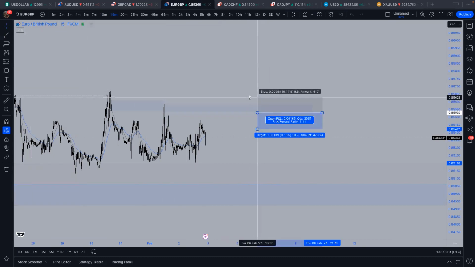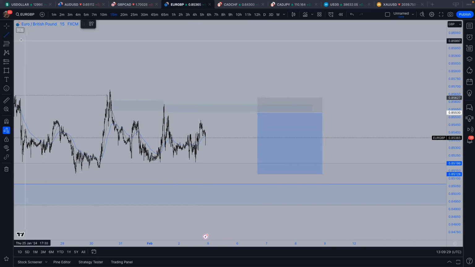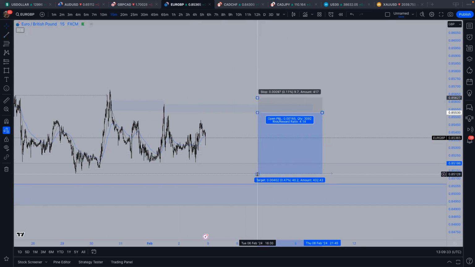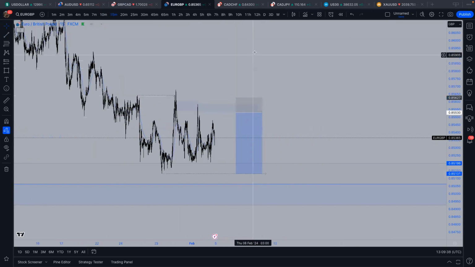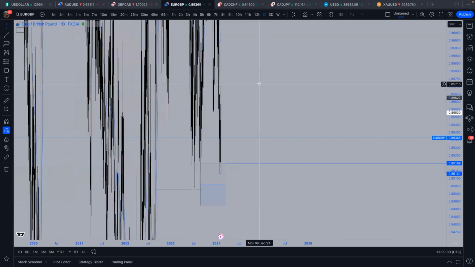I would still probably have my stop just a little bit above in case it got taken. And I would be looking to target realistically these lows in here. So that is about a 1 to 4, which I would personally look to take.